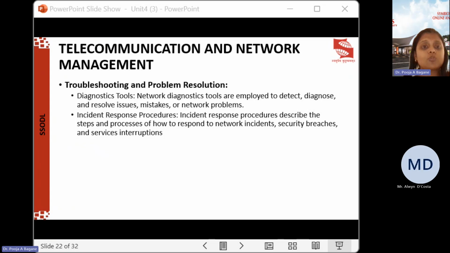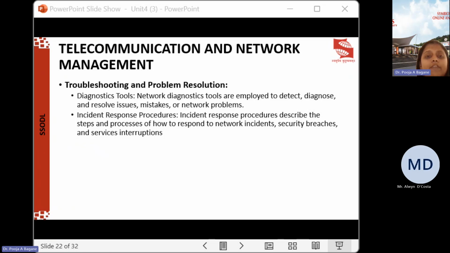Most response procedures use a systematic approach such as the NIST incident response life cycle. This life cycle includes the preparation, detection, analysis, containment, eradication, recovery, and lessons learned phases. Additionally, the procedure involves coordination between the response team and other stakeholders, such as the network administrator, staff, and business unit.